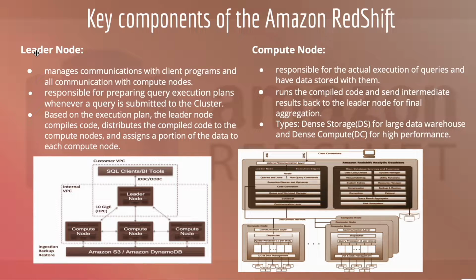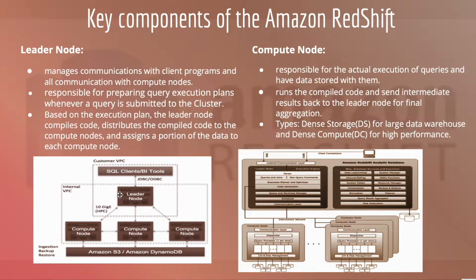So we have the leader node. As we said before, we have the client application. Now, this leader node is the, should I say, middleman between the client application and the compute node. So it manages all the communications between these two components. It also performs query execution, and when the execution process begins, it compiles all the code.